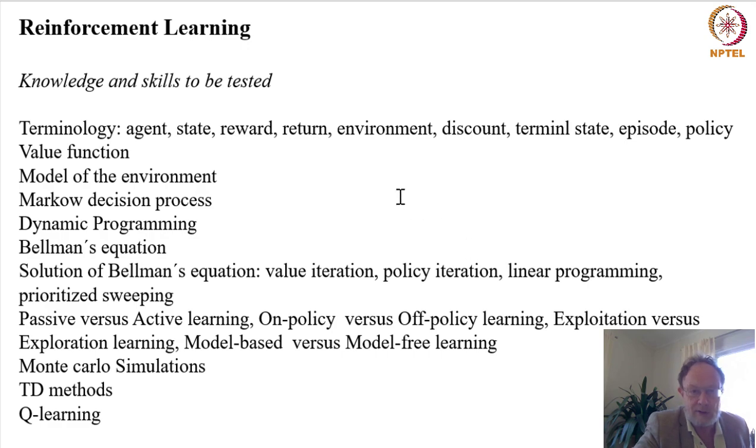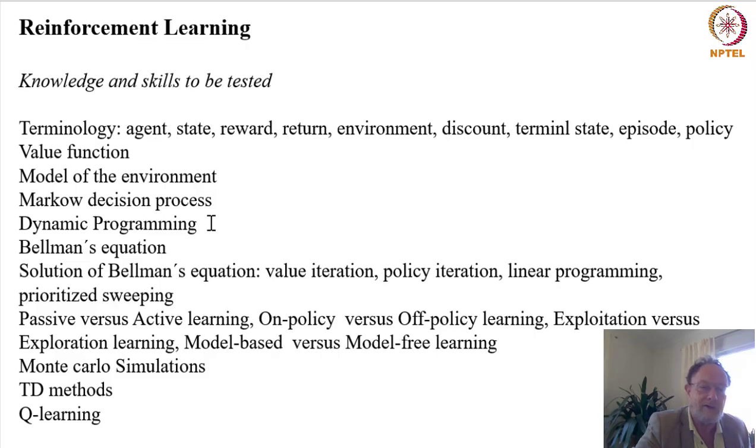The next big block is reinforcement learning. We talked about the terminology, the concept of value function, and the most common way of modeling reinforcement learning situations, which is the Markov decision process model.